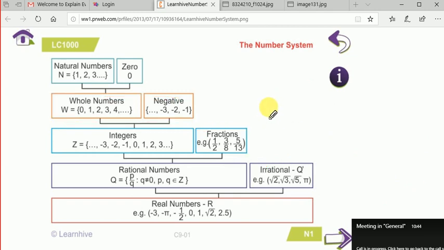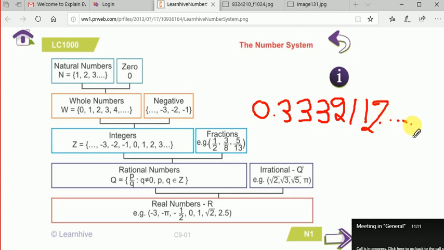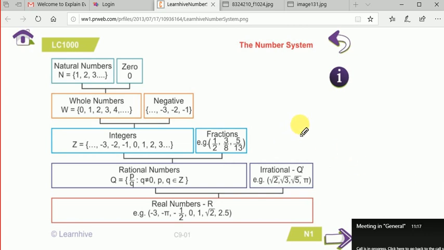Except them, there are many other numbers which are decimal numbers and they are non-terminating. The term non-terminating will also be in class 9, but still the small information about that is, if I write a number 0.33321112 and carry on with some other numbers, such type of numbers which are never ending and non-terminating, they are called irrational numbers.